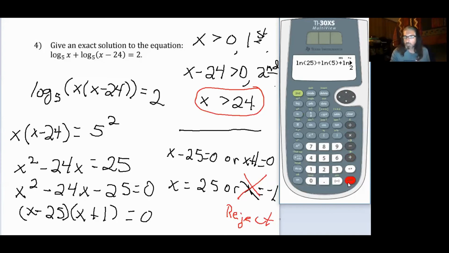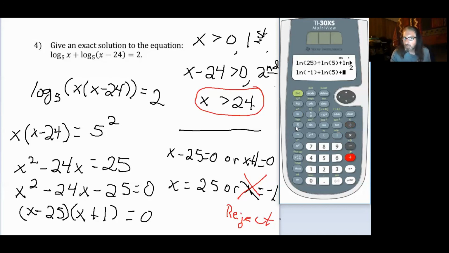There we go. Whereas if I try to put in the negative 1, that's going to be a problem for both of these. But even if you put it into one of them and you're taking the logarithm of a negative number, the calculator is going to balk at us.